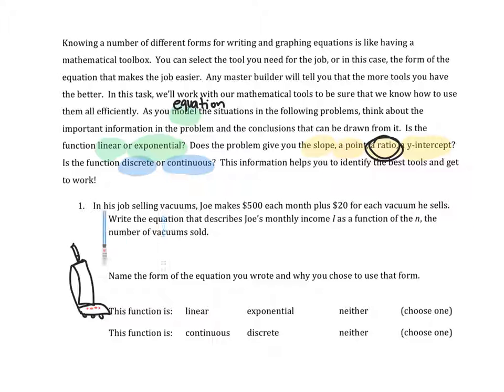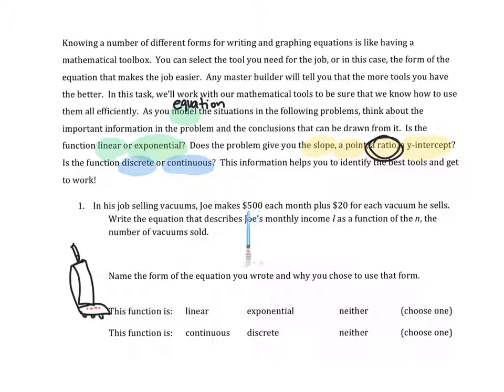Guys, what are the important things in this first sentence? Because there's a lot of information here that we need to know. What is the $500? Before we do that, let's see what we're trying to actually do. Write the equation that describes Joe's monthly income, I, as a function of N, the number of vacuums sold.